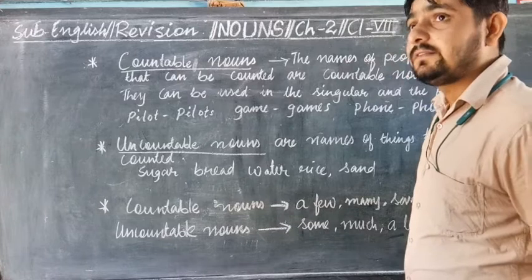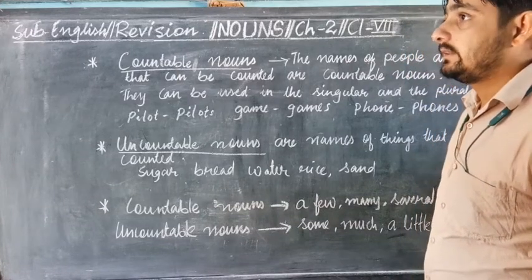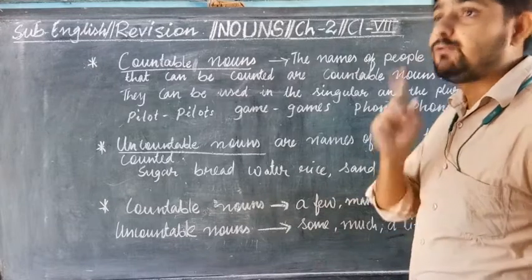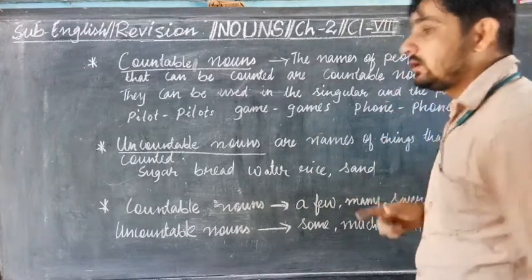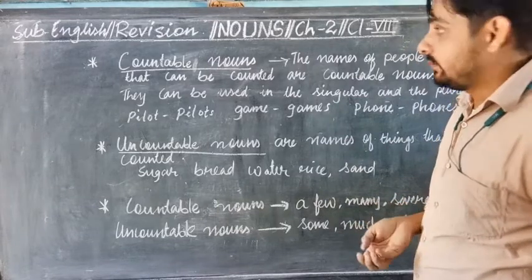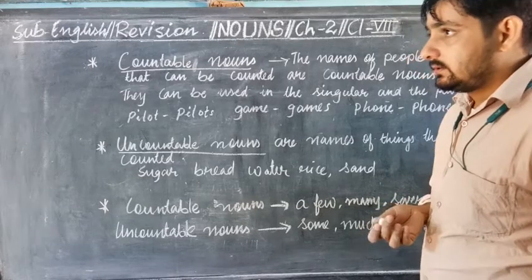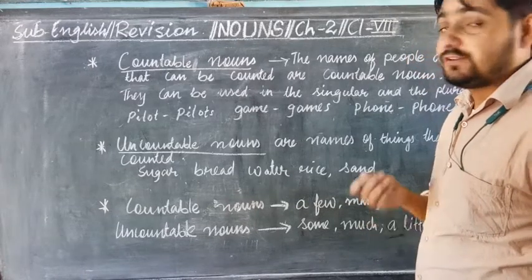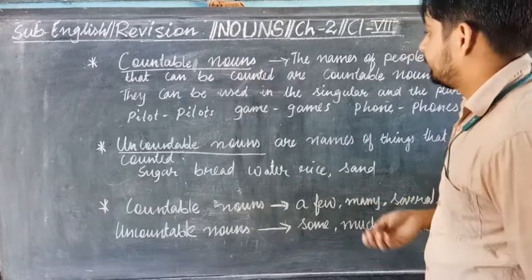Singular means the thing which is only single, only one, that is called the singular noun. And plural noun we call more than one. There are certain rules for the formation of plural from the singular noun.